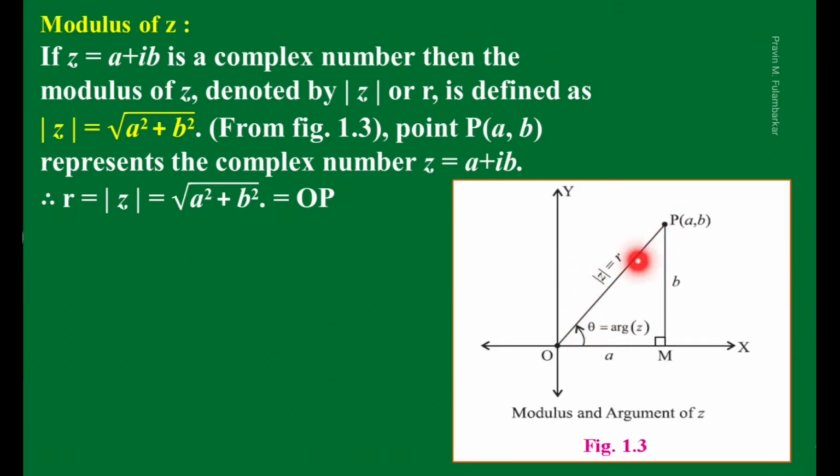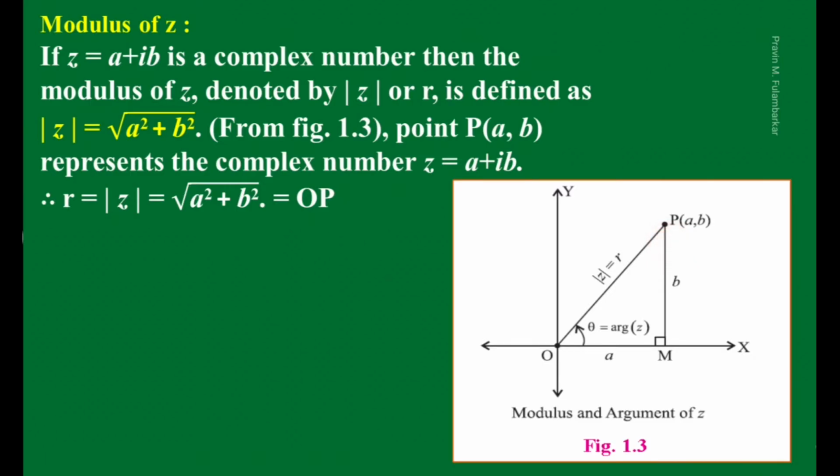Now you can use the distance formula to calculate the length of OP. You know the distance formula. This OP equals under root (x2 minus x1) bracket square plus (y2 minus y1) bracket square. Here the coordinate of the origin is (0, 0). So we write OP equals under root (0 minus a) bracket square, that is minus a square.